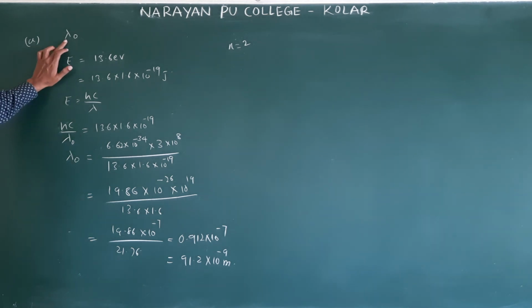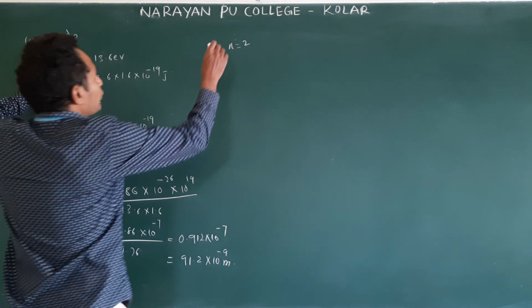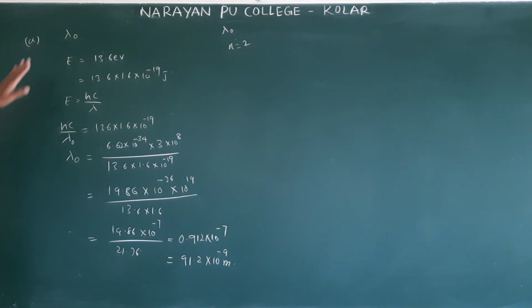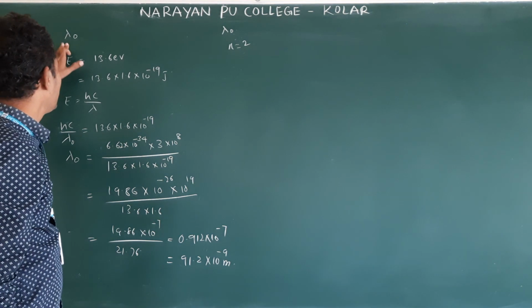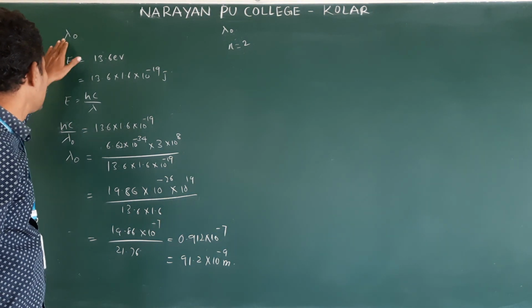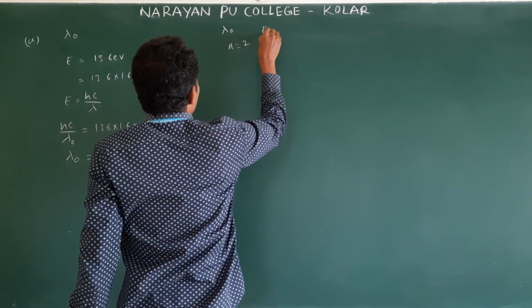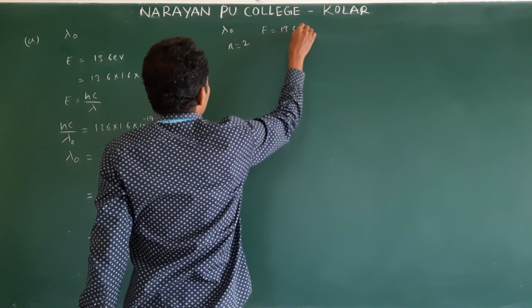So this wavelength is incident on the electron. The second question also has the same wavelength, lambda naught. When the wavelength is lambda naught, this wavelength removes the electron. What does that mean? It means light of wavelength lambda naught has energy 13.6 eV. So here also the incident energy is E equal to 13.6 eV.